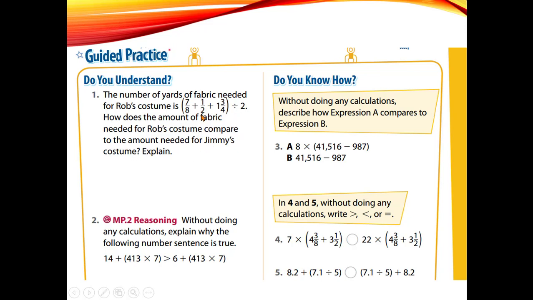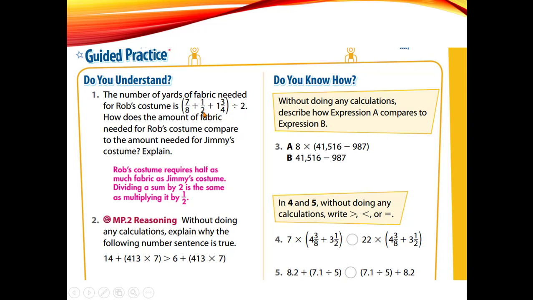So what do you think? Here we have the same expression divided by 2. This is for Rob. So Rob's costume requires half as much fabric as Jimmy's costume. This is half because it's just the same expression divided by 2. So it's half the original one, half Jimmy's one.